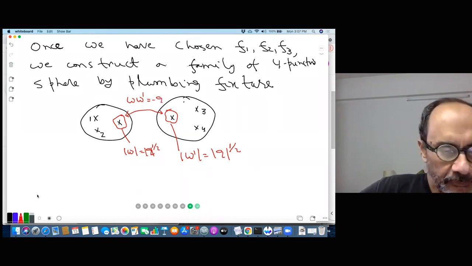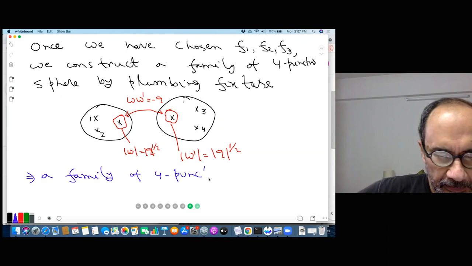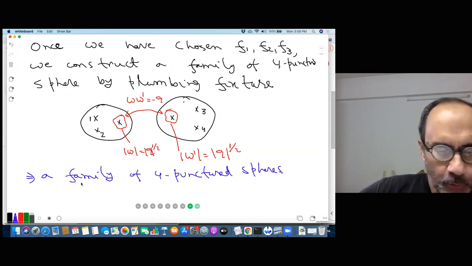So this provides a family of four-punctured spheres, together with local coordinates at the punctures.